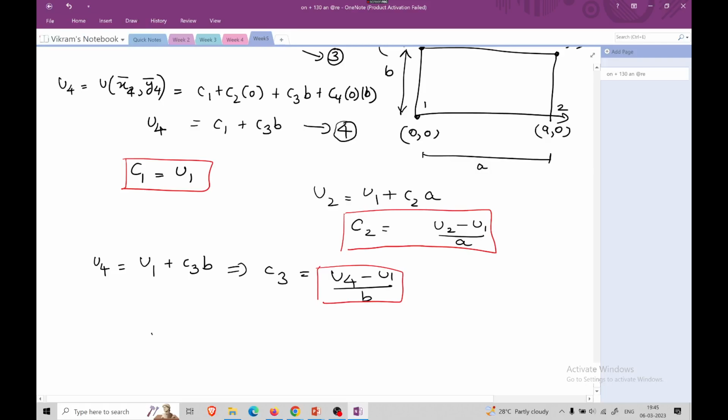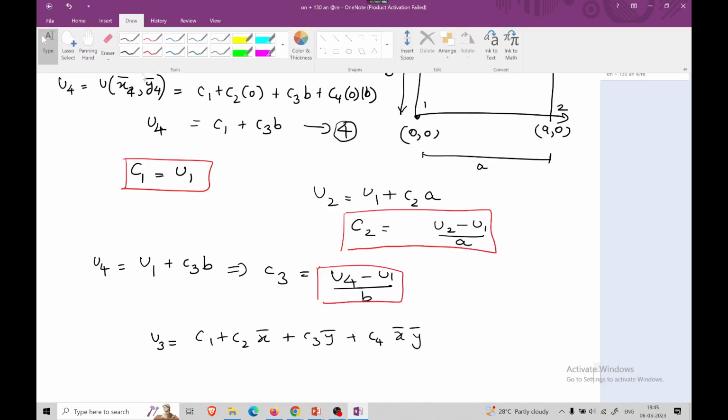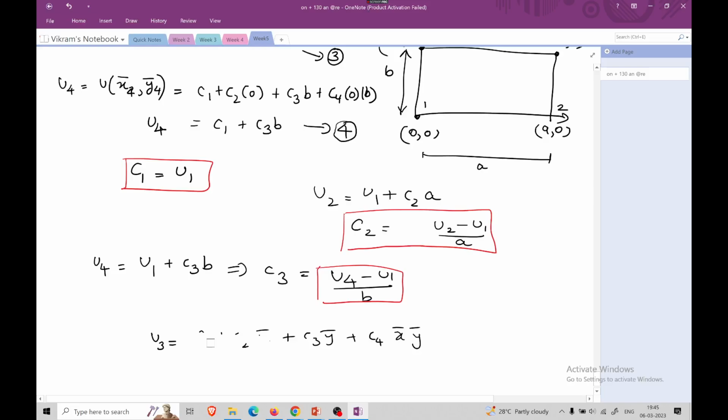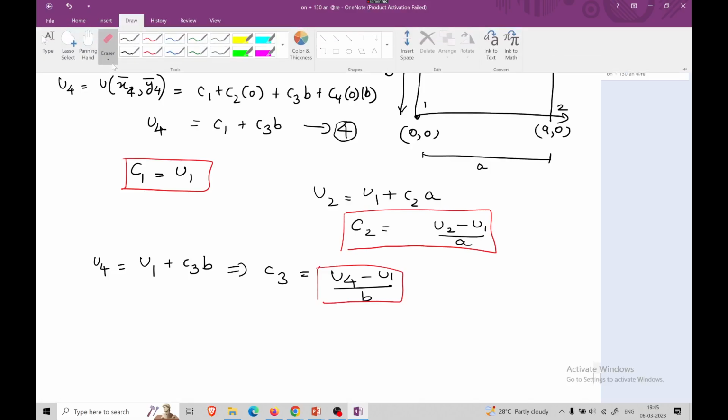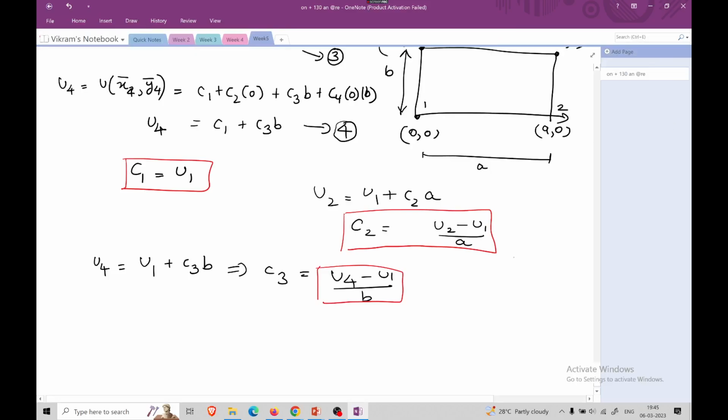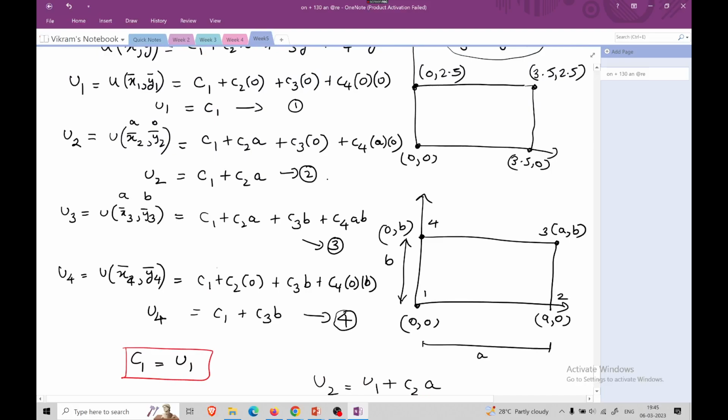The third equation was u3 is equal to C1 plus C2 x bar plus C3 y bar plus C4, sorry, not this. I have to take this equation, this one: C1 plus C2a plus C3b plus C4ab.